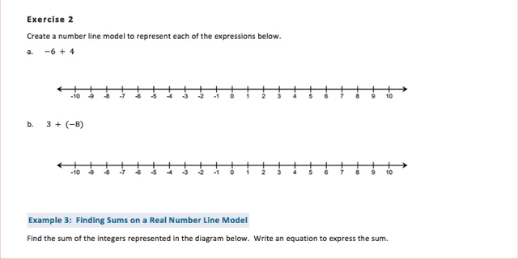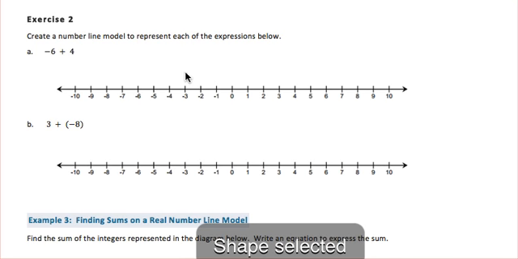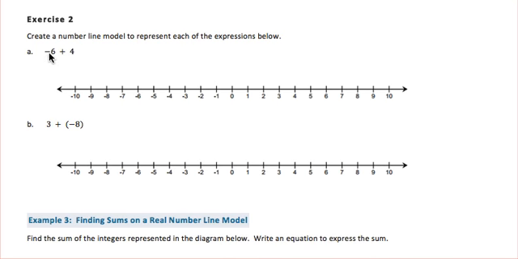Exercise 2 asks us to create a number line model to represent each of the expressions. So, -6, if we start at 0, is 6 units to the left. And then from that point, we're asked to go +4.